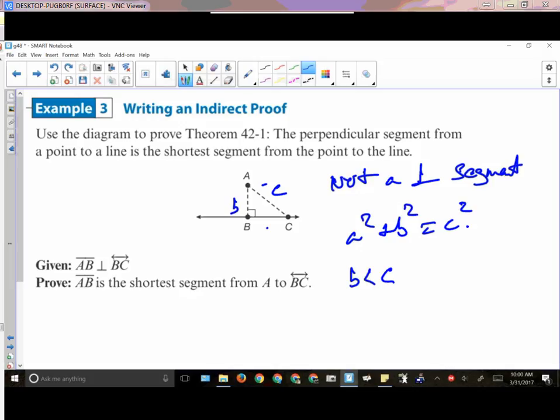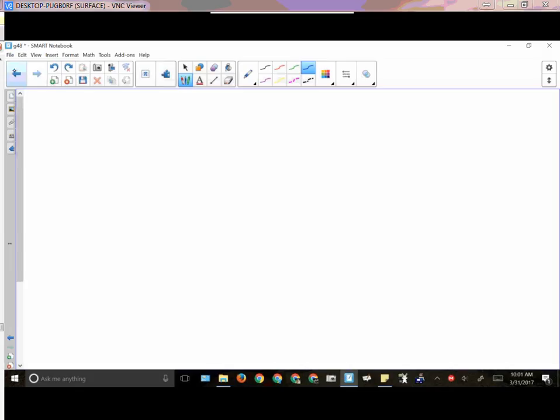Because if I'm adding something to B squared to get to C squared, can B and C be equal? So there we go. That tells us that the only way for this to work, because this is a perpendicular line, this is a leg, that is a leg, this is the hypotenuse. Two legs always add up to the hypotenuse. So any other point that would be on the line would have to have this distance here being greater than B in order for this right triangle to be there. There we go.